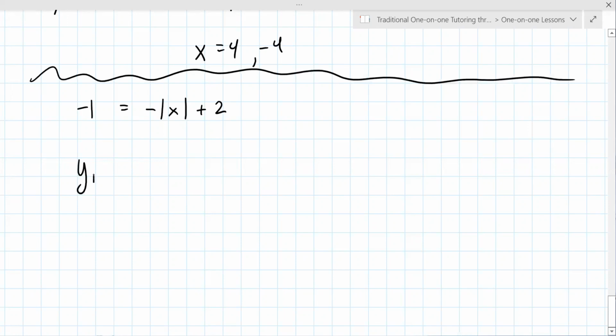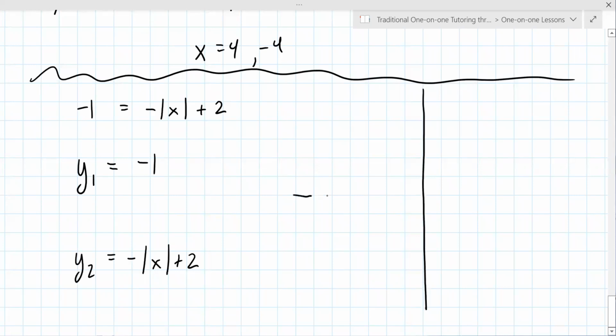What would the y1 be according to your class? The -1. Good. And what would the y2 be? +2. Nope, it's everything on this one side of the equation. The negative absolute value of x plus 2. Oh yeah, sorry, I forget you have to write the x plus 2. My bad.